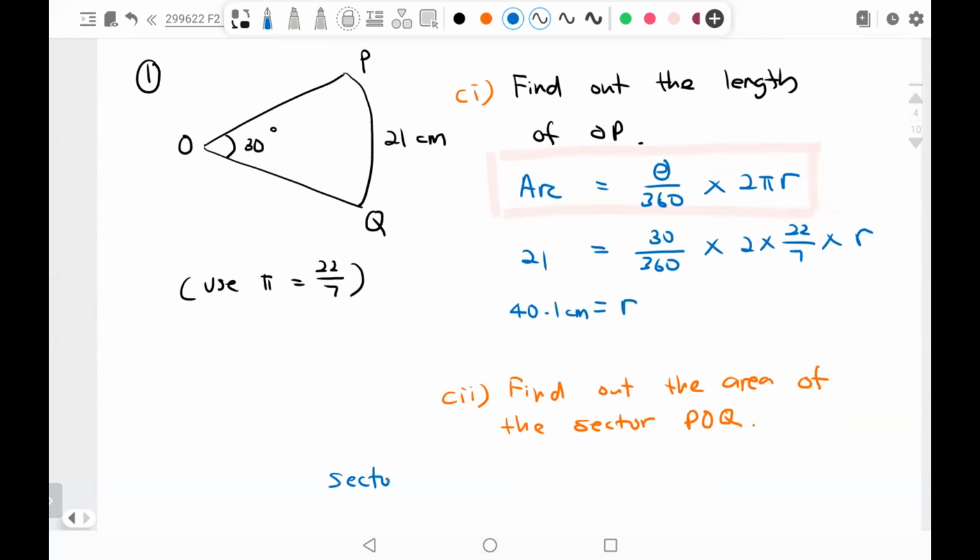Sector, same thing. You just change the formula at the back, because the sector is part of the area of the circle. So it will be the degree over 360 degree times pi r square. So the radius, don't take 11, take 40.1. So times pi times 40.1 square. So what's the answer?